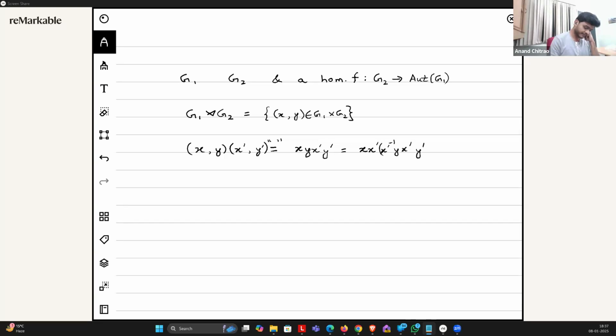Is that okay? Because I inserted x' and x' inverse in a fake way over here, so it cancels and you get back this.